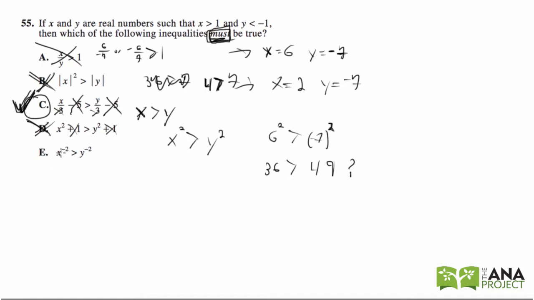And this: x raised to the negative 2 is basically 1 over x squared. Is that greater than 1 over y squared?